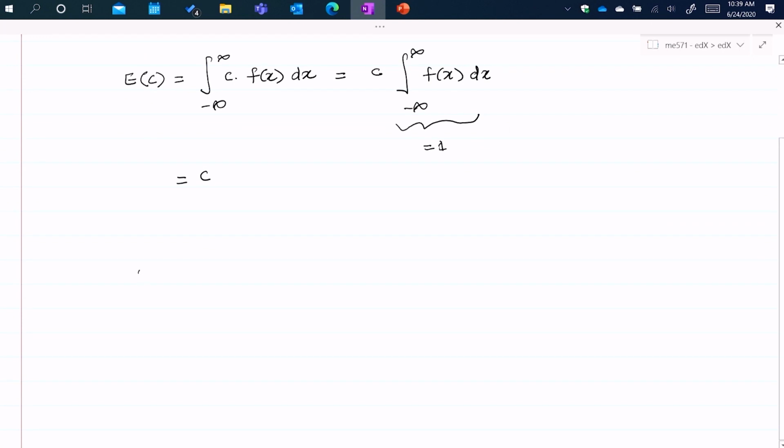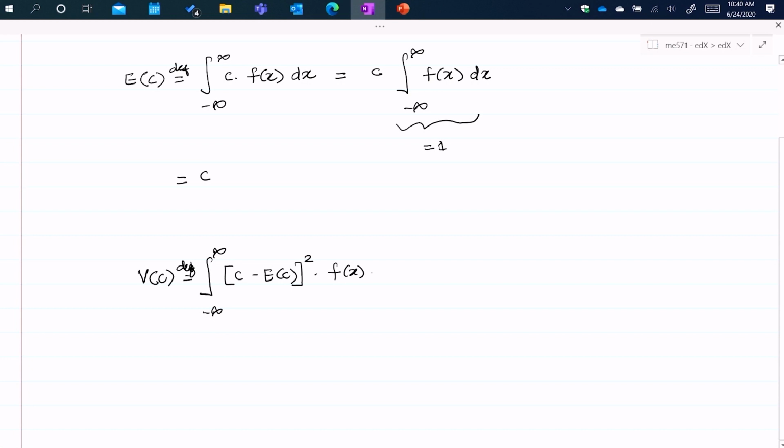Now, similarly, the variance of the constant is, by definition, the integral from minus infinity to plus infinity of the quantity minus its mean value, which is the expected value of c, squared, times f of x dx. This is the definition of variance.